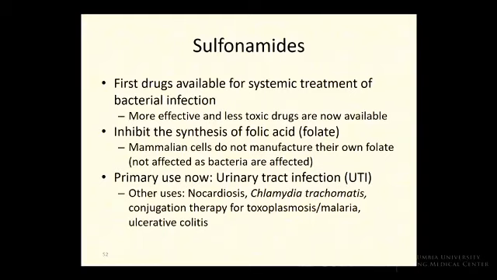They inhibit the synthesis of folic acid. And so mammalian cells don't manufacture their own folic acid. We actually take it in dietarily. And so mammalian cells are not as affected by these drugs as bacterial cells because they rely more on synthesis of folic acid.